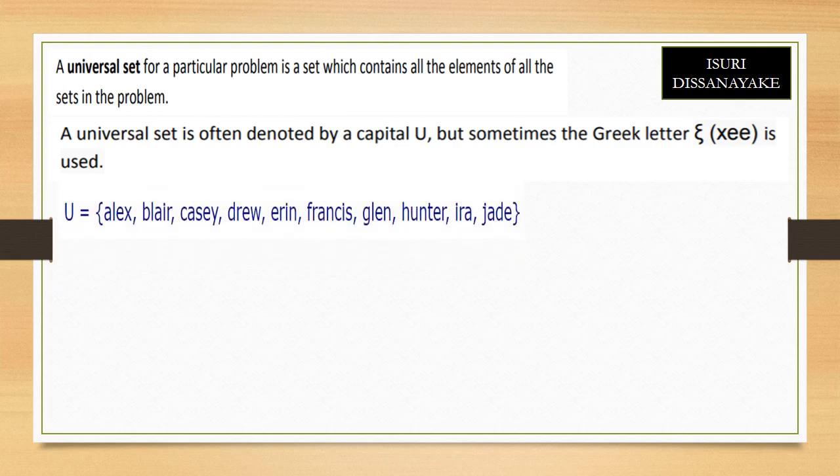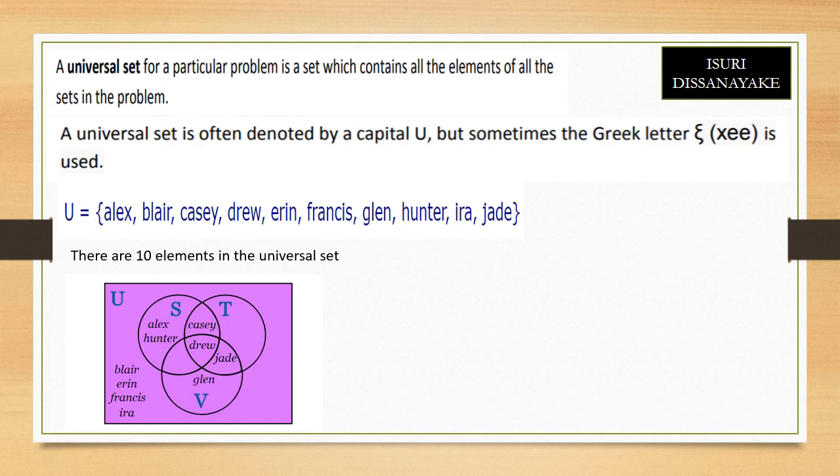Look at this. I say that the universal set, U, is equal to a few names I have given: Alex, Blair, Casey, Dave, Erin, Francis, Glenn, Hunter, Ira and Jade. So this is the universal set and it carries 10 elements.